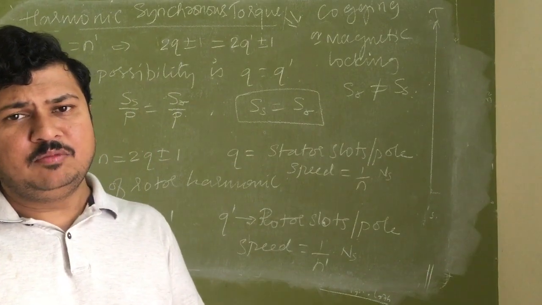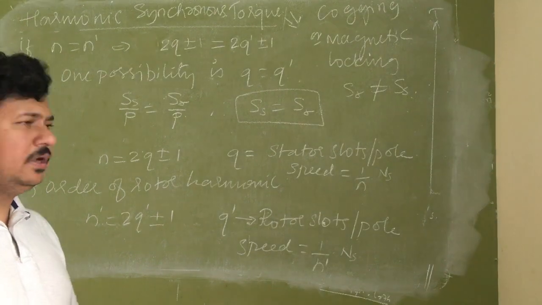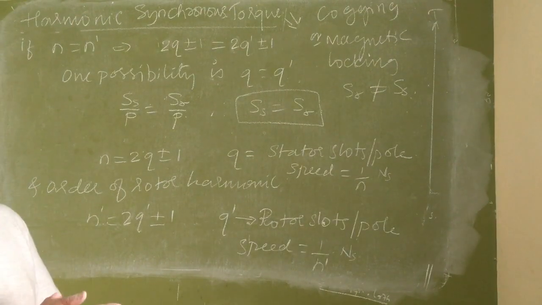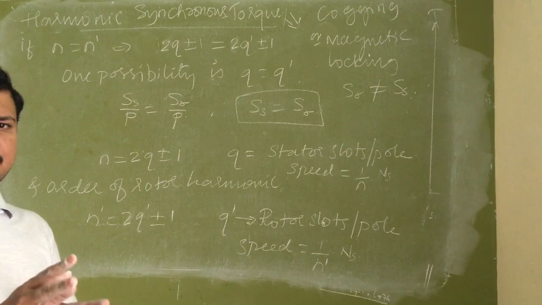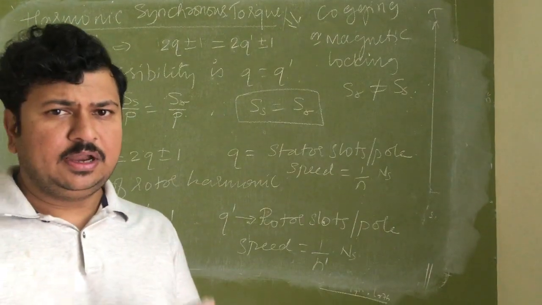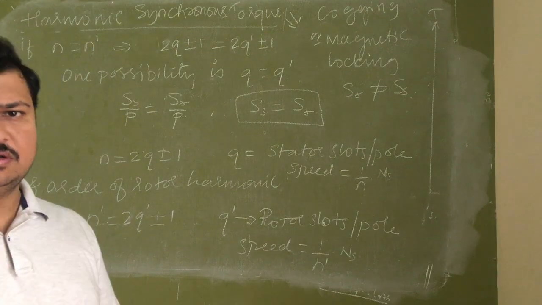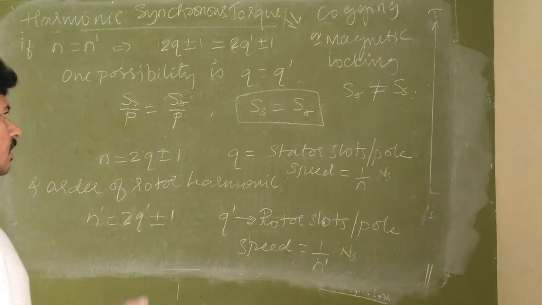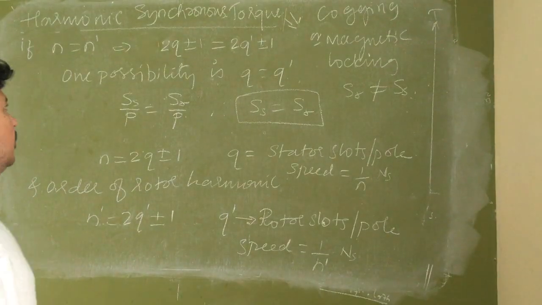Hence the motor will start to rotate at a subsynchronous speed nearly equal to Ns by 7, and that is called crawling, and crawling is due to harmonic induction torques.